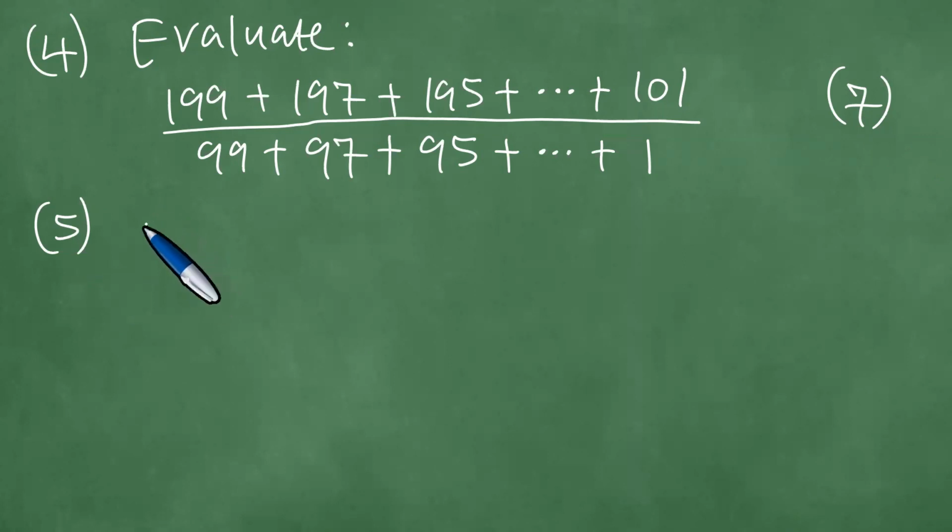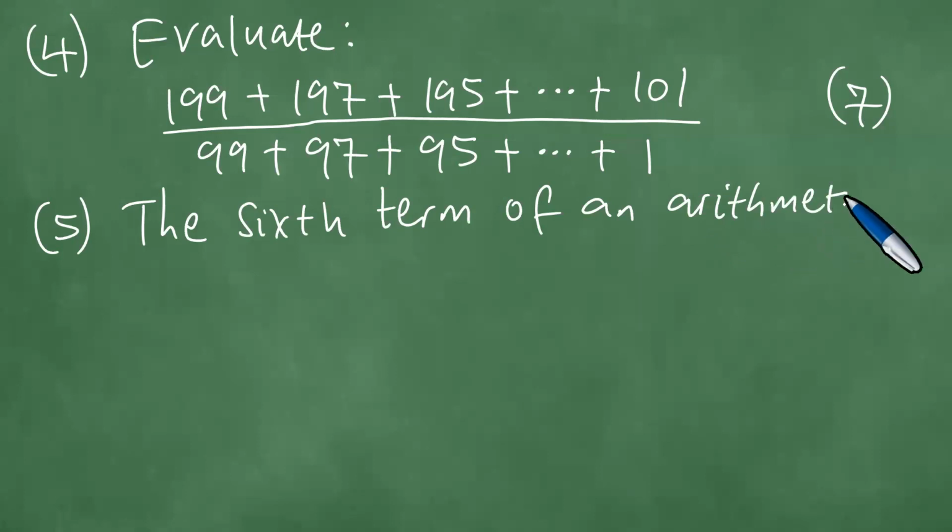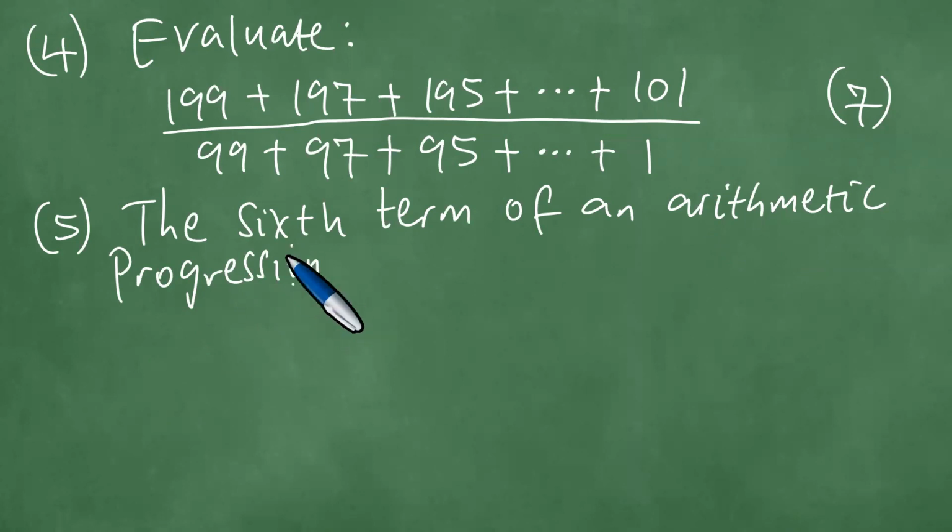That says the 6th term of an arithmetic progression is 5.